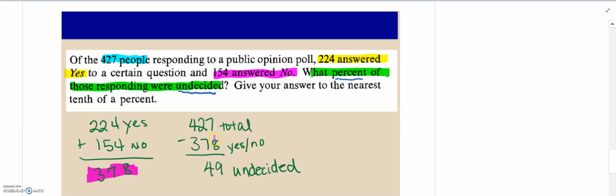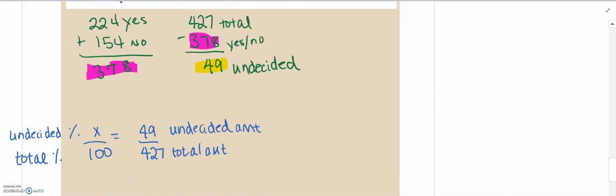And then we're going to subtract that from our total number of people. And there were 427 total people. So when we subtract, we get 49 people that were undecided. So now that we know the number of people that were undecided, we can put that across from the percent of people that are undecided, which is what we're looking for.